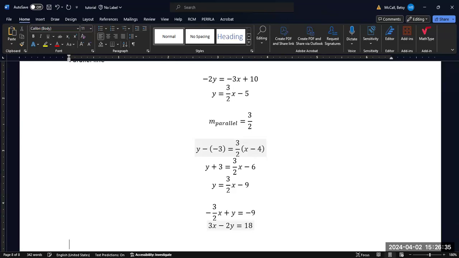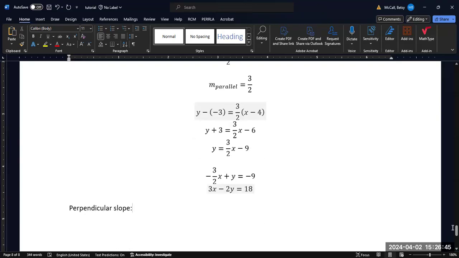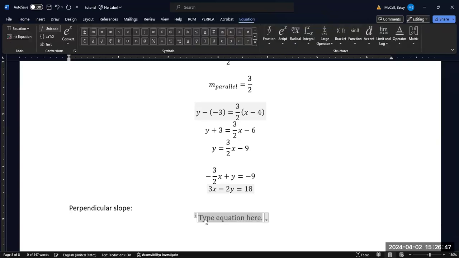All right, now, if I want to do the perpendicular slope, there's a couple different ways that we can express this relationship. We can think of m perpendicular as the negative reciprocal of the original slope. So we would flip the fraction and change the sign.